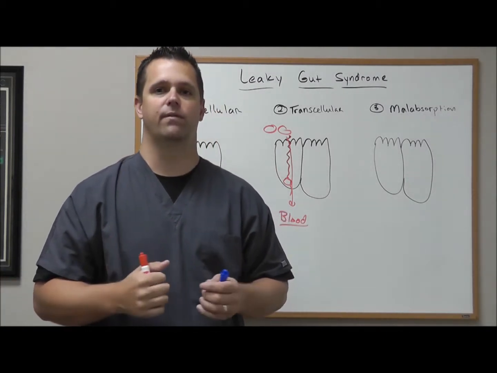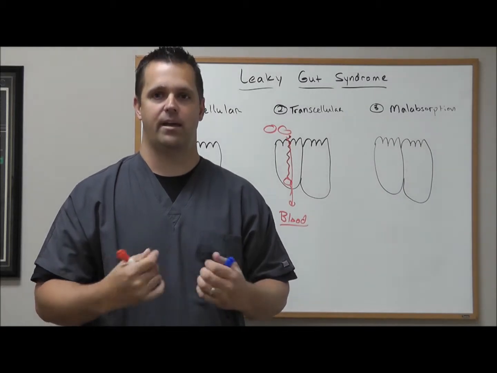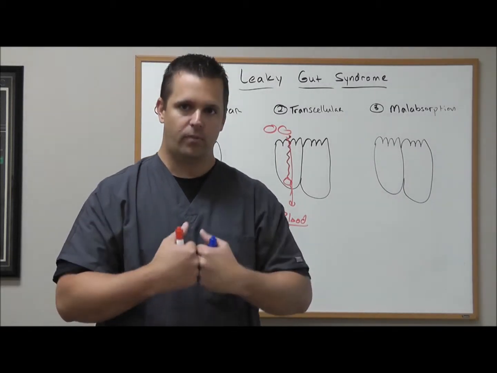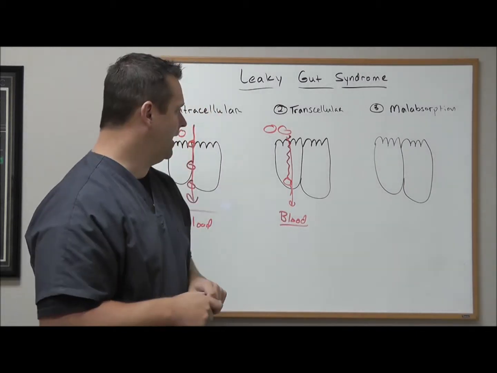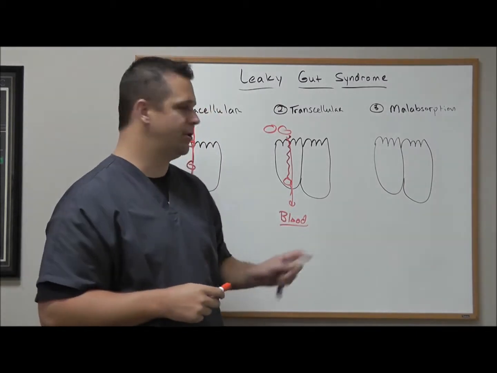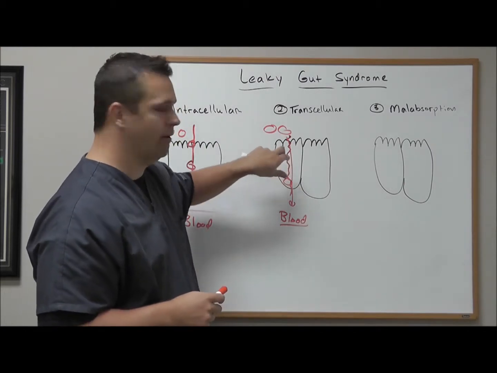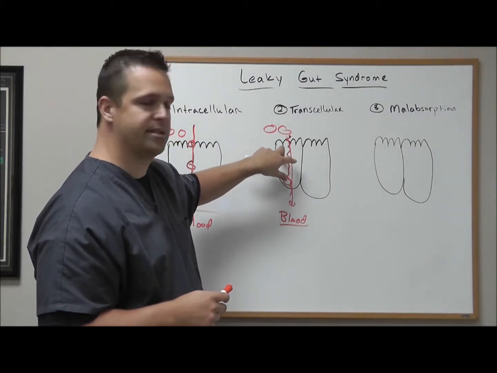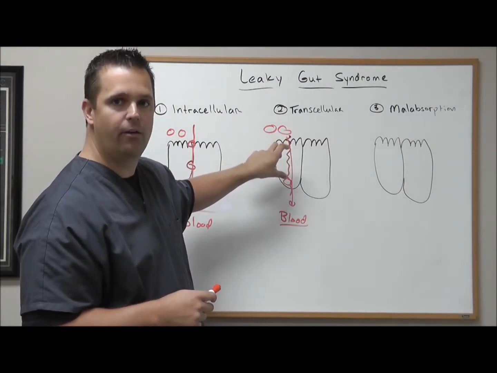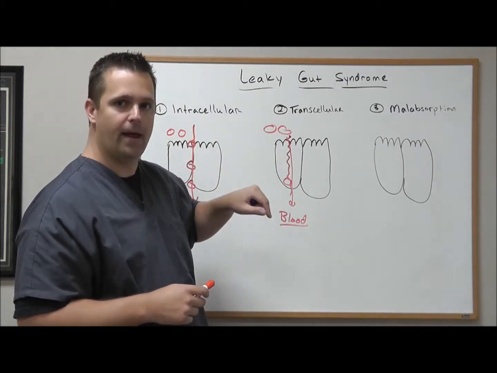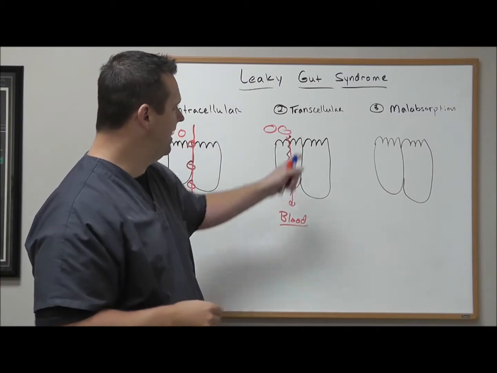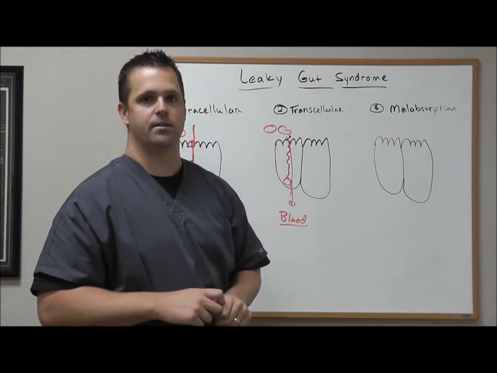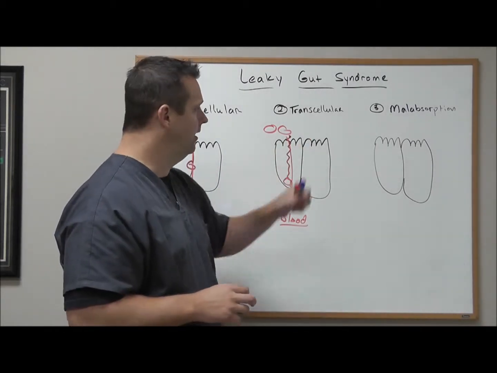We look for what we call actomyosin antibodies. When that cell tears, our immune system can build antibodies to actomyosin, which is part of the cellular component, the actomyosin cytoskeleton, which forms that cell. We'll get actomyosin in the bloodstream, and our immune system will build antibodies to that. That is a way we can test for transcellular breakdown of our gut lining.